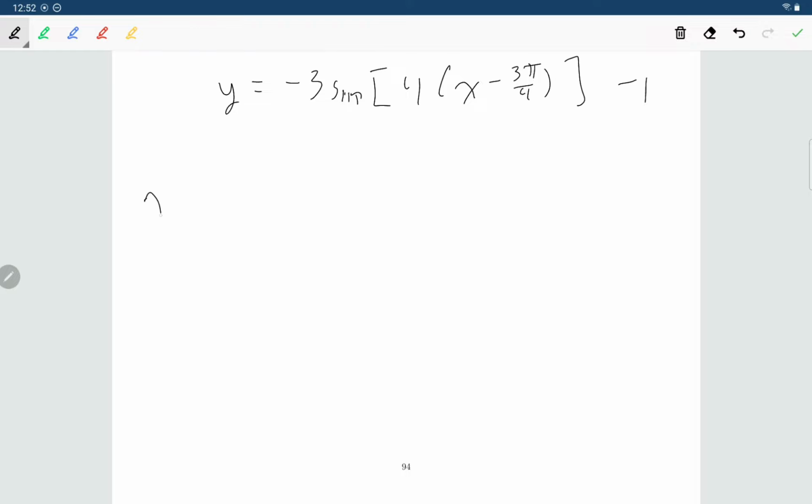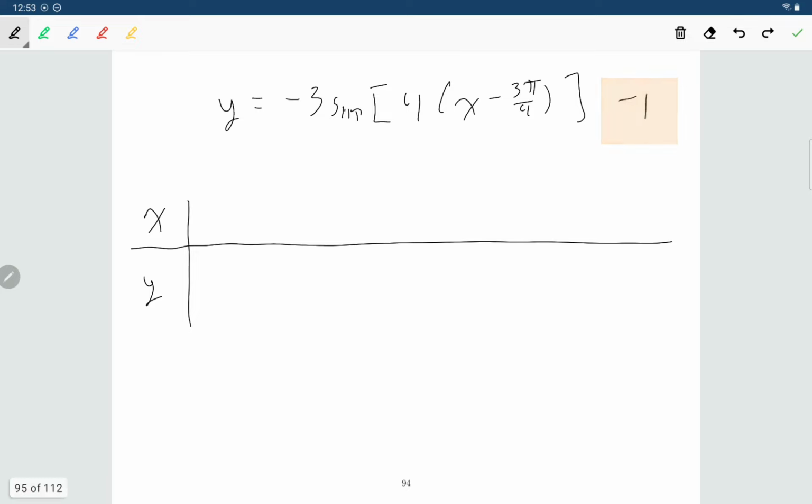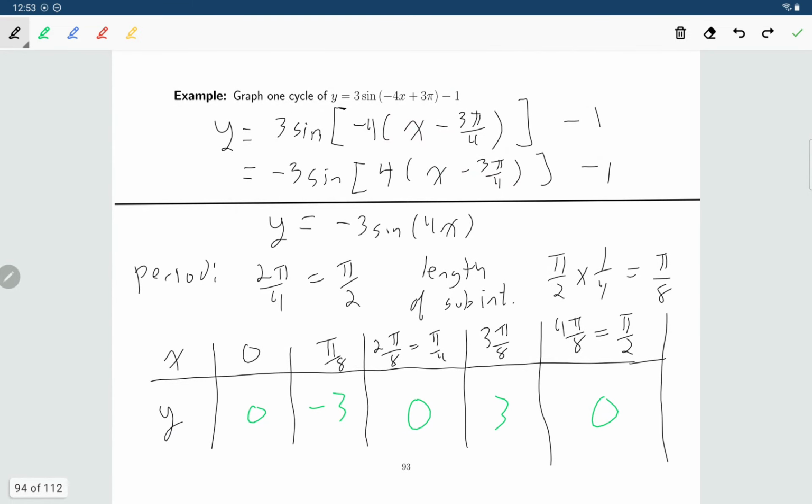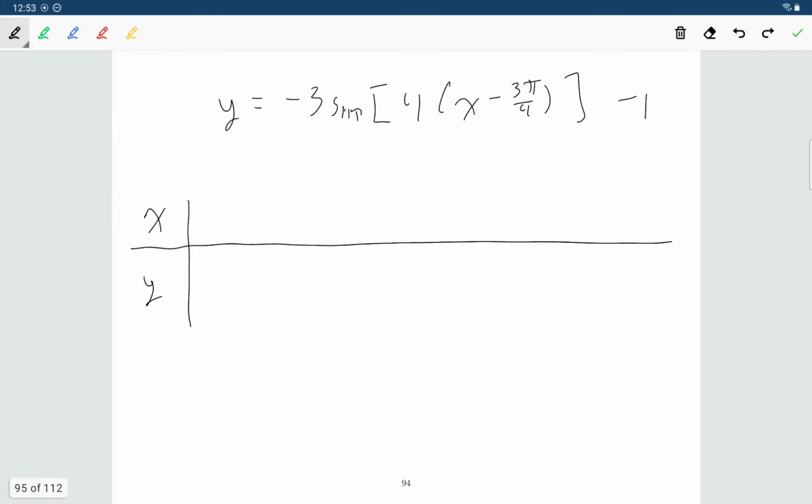One is that I'm going to have to do a phase shift of positive 3/4 pi. I'm going to be adding 3/4 pi to every x value. And I'm also going to be subtracting 1 from every y value. So my x values, we had 0, pi over 8, and so on. All I'm going to be doing here is adding on to each one of those 3 pi over 4.